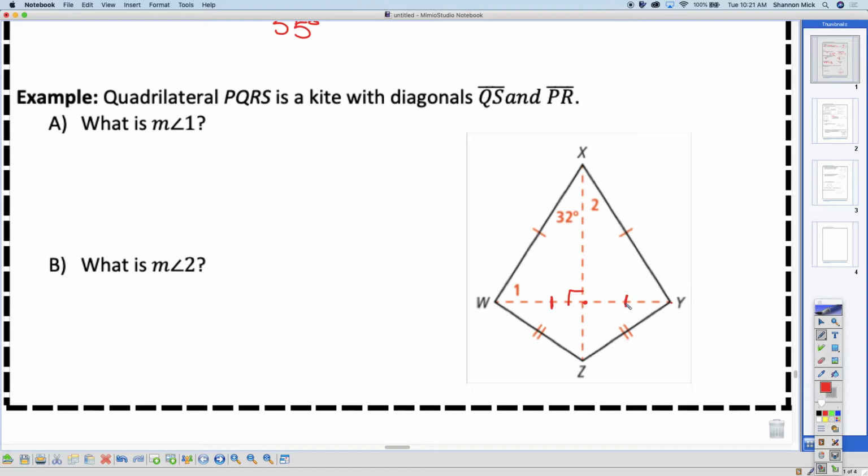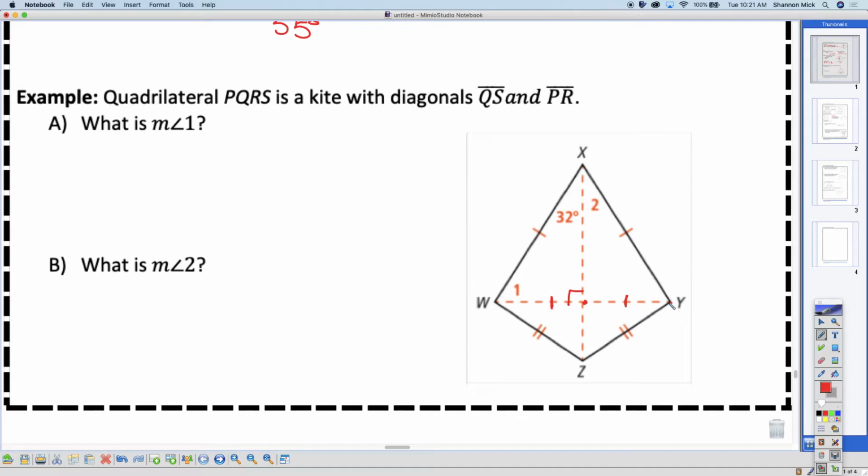Congruent. Not the angle, the segment. From W to the center and from the center to Y, they're congruent, correct? They're equal, because that's a perpendicular bisector. Bisector means cutting it exactly in half. So it says, what is the measure of angle 1?